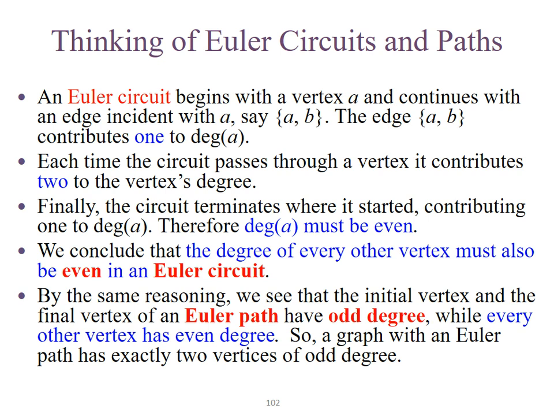Okay, so by this observation, we can see for Euler paths, we just start from vertex A, but we didn't go back. So the start point, the initial vertex, and the end vertex have odd degrees. So it cannot be even, right? Because we just start from the initial vertex and we didn't go back.